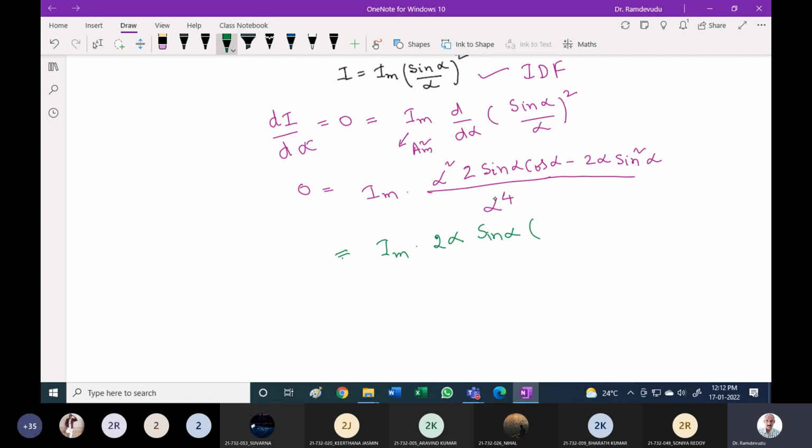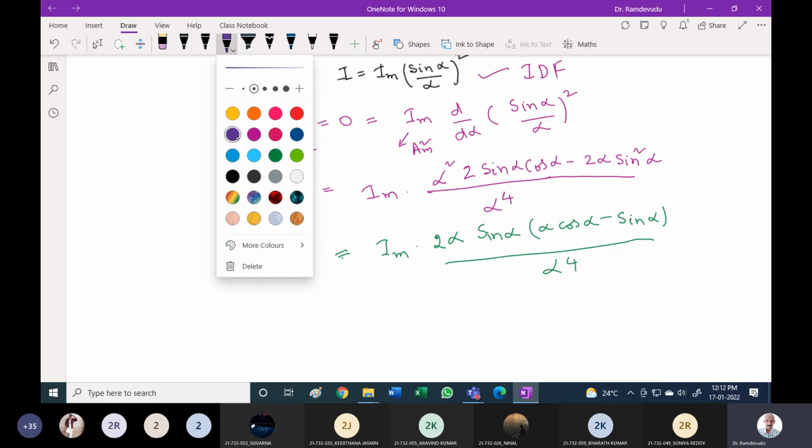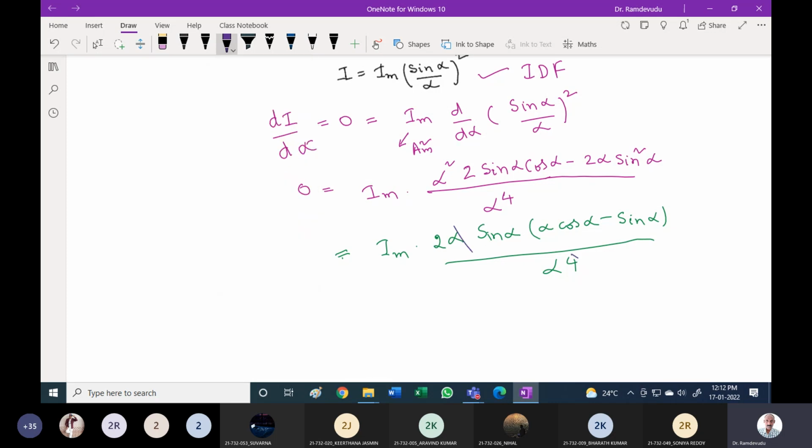If I take 2 alpha sine alpha out, I am left with alpha cos alpha, minus 2 alpha sine square has gone, and I have only sine alpha, divided by alpha to the power 4. From this, alpha and alpha to the power 4 can be cancelled, and I'll get alpha cube.